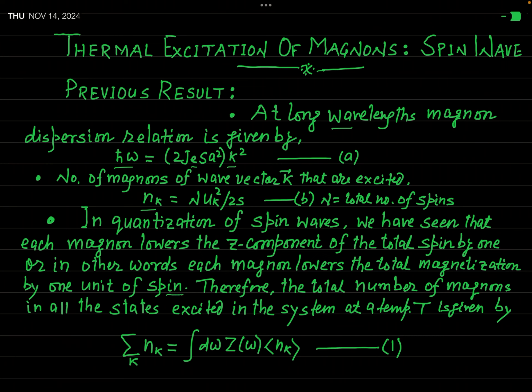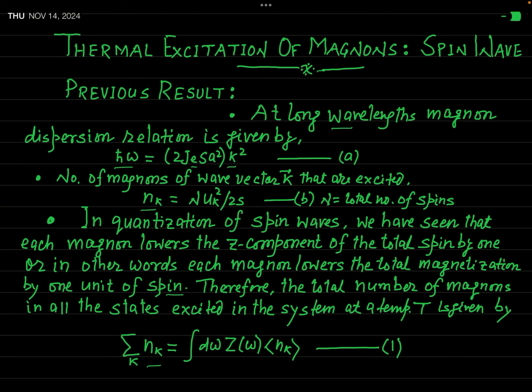Okay, and we shall now proceed to calculate the total number of magnons, denoted by the summation over k of n_k, in all the states excited in the system at temperature T. And what will be that number?